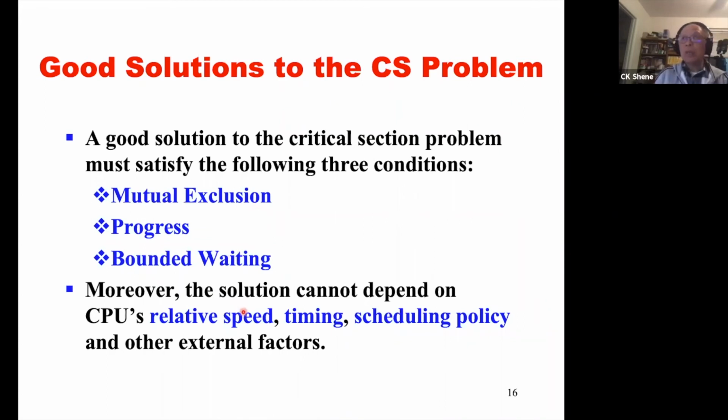It should not depend on any external factor. CPU speed is an external factor. Timing when you run your program is an external factor. CPU scheduling policy is, of course, one too. These external factors are not factors that can be controlled by you, the designer of a good mutual exclusion solution.